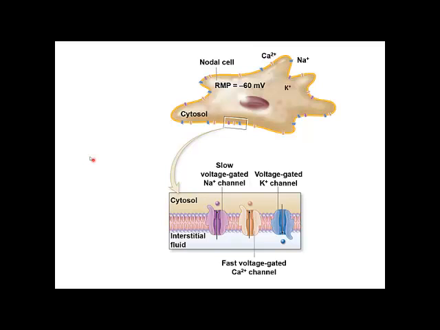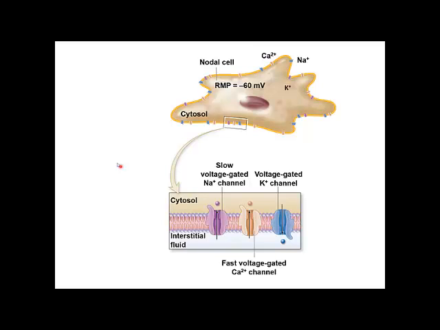The secret here is to understand that we have a different set of voltage-gated channels. Remember, in your typical cardiac muscle cell, you start the depolarization with fast voltage-gated sodium channels. You maintain the plateau phase with voltage-gated calcium channels, and you repolarize with very slow voltage-gated potassium channels.